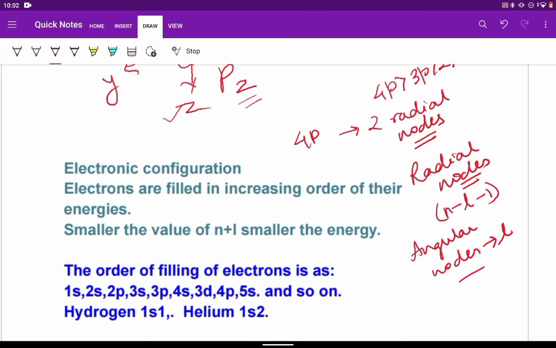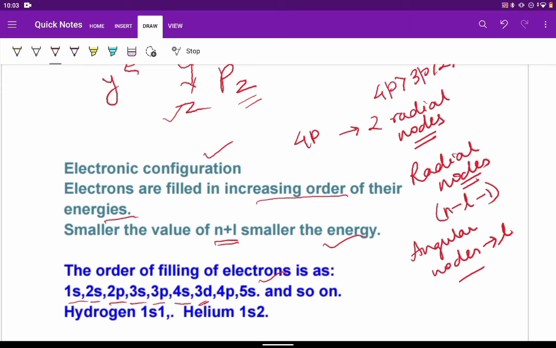Next, what we have to see is the electronic configuration. Now we know that the electrons are filled in increasing order of their energies. The smaller the value of n plus l, the smaller will be the energy. So we can see that the order of filling of electrons can be given as, first 1s is filled, then 2s, 2p, 3s, 3p, 4s.